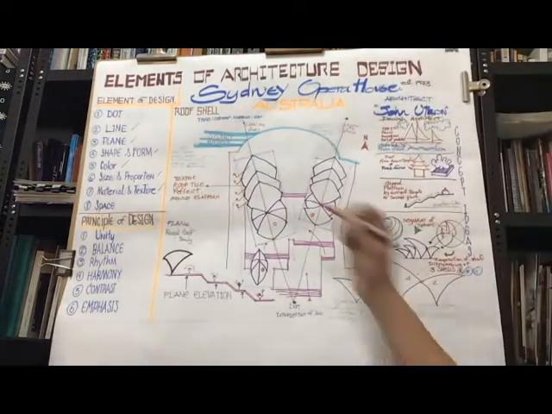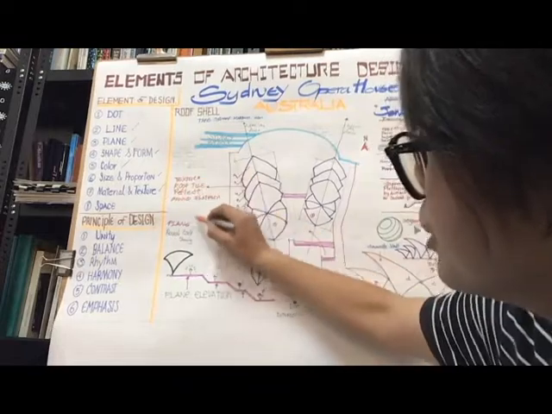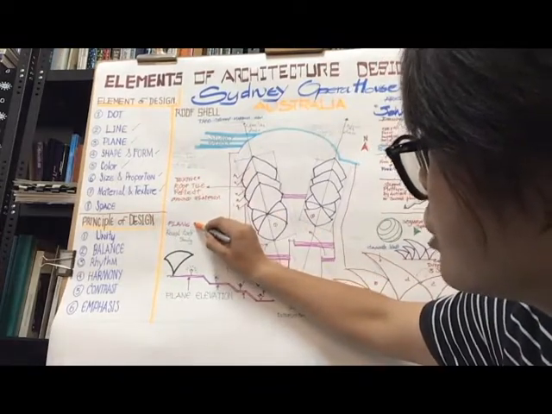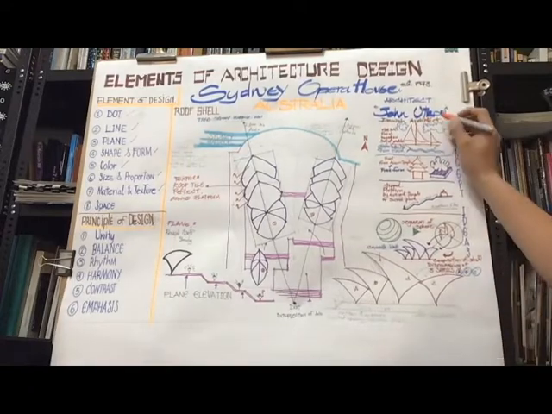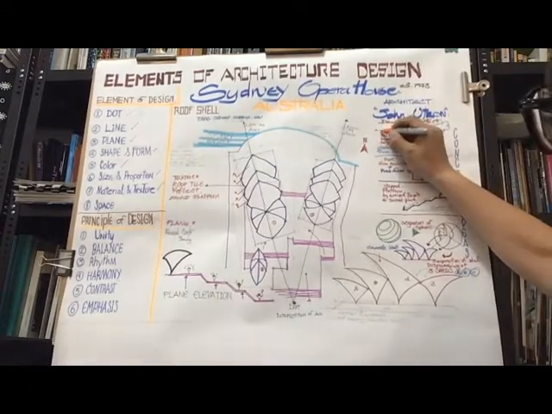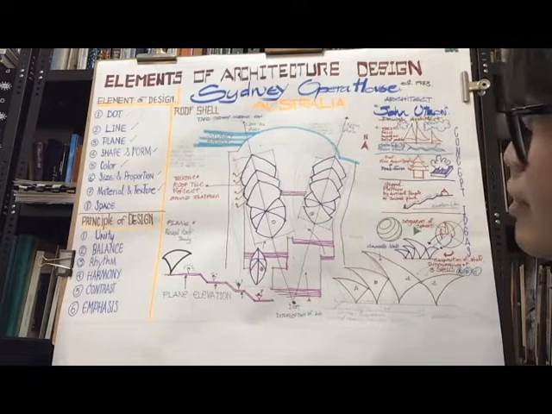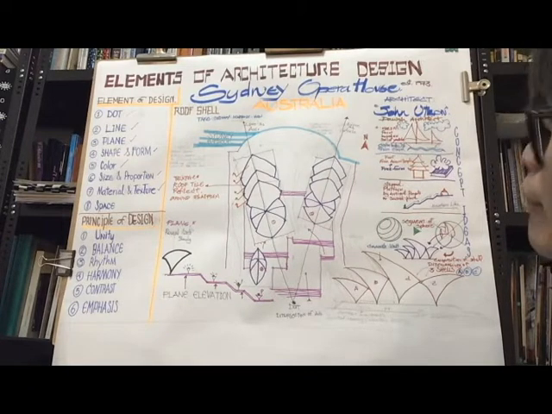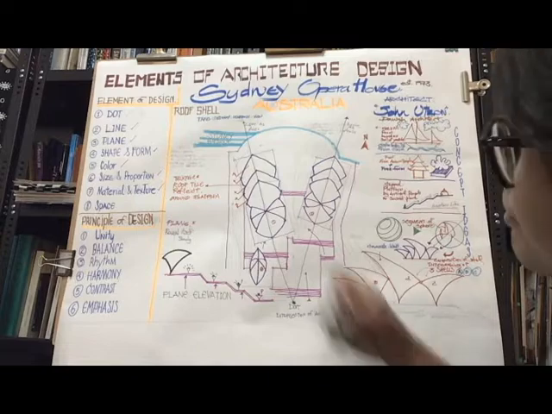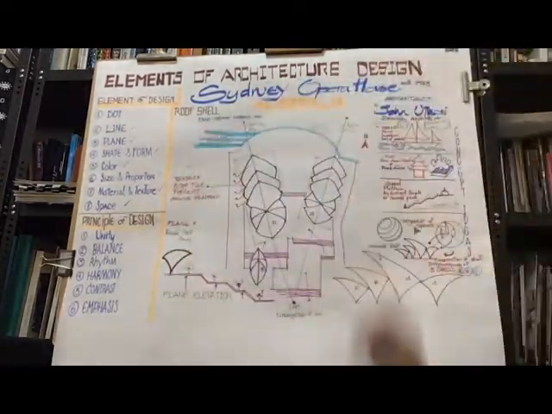So we have the purpose of texture, the purpose of the plane, the purpose of the form here, and then we are seeing the last element, which is the space.